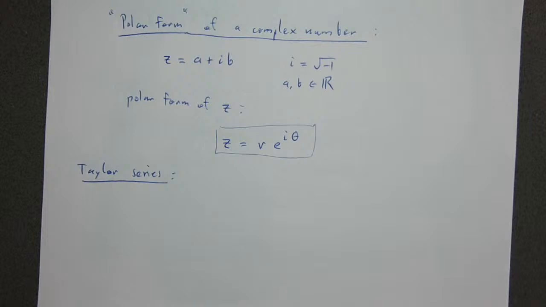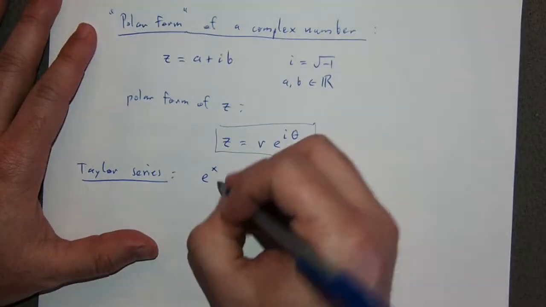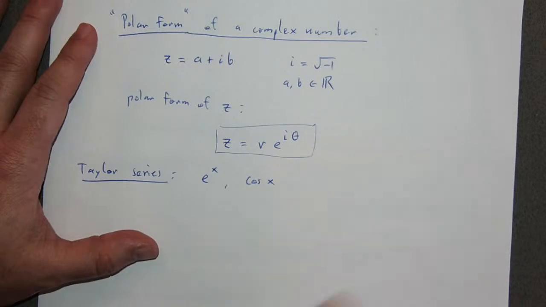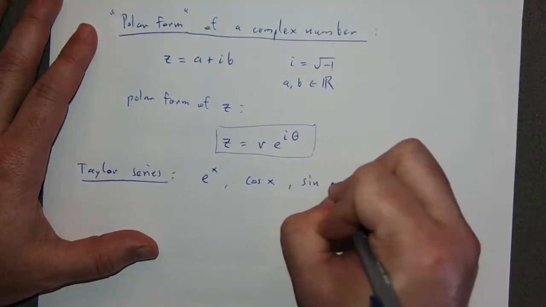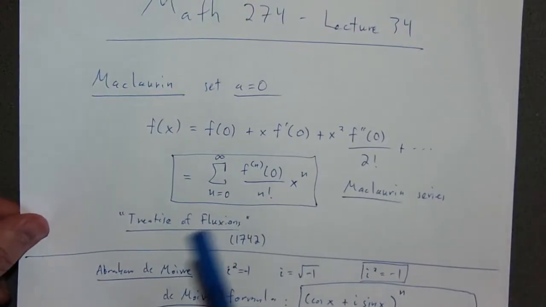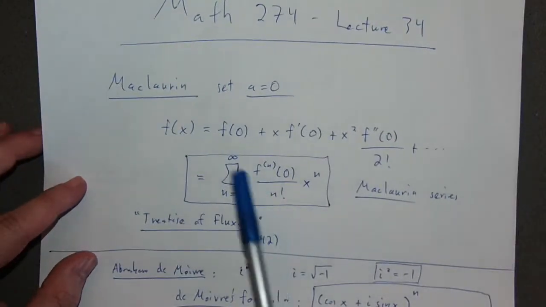So I want to compute Taylor series for the functions e to the x, that's Euler's number e raised to the x, cosine x, and sine x. Let me bring back my expression here. That's my Maclaurin series. Actually, the Maclaurin series is what I want to compute, so let's just use this.